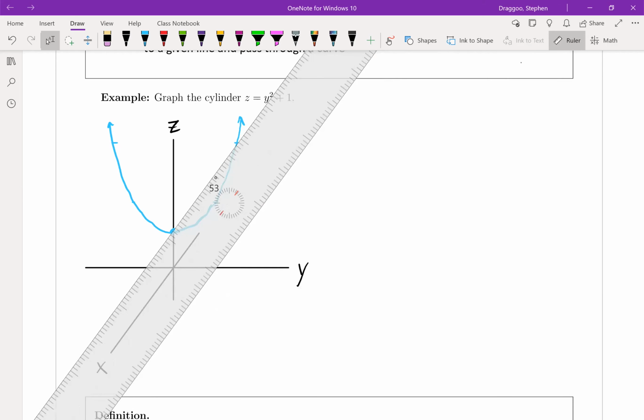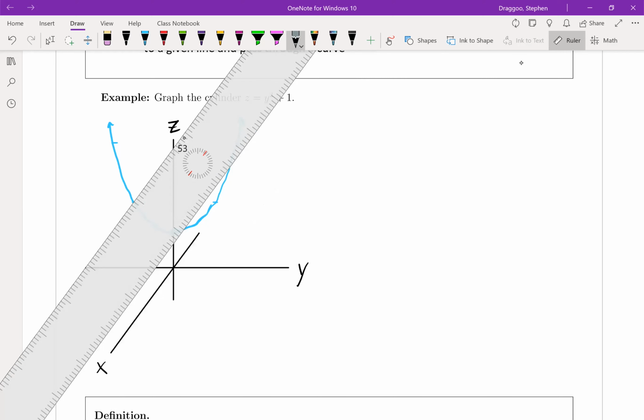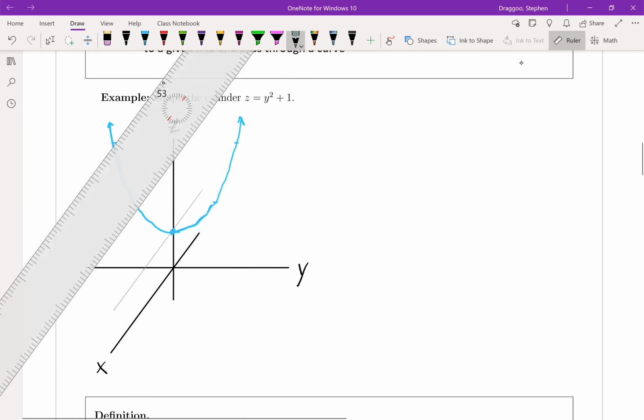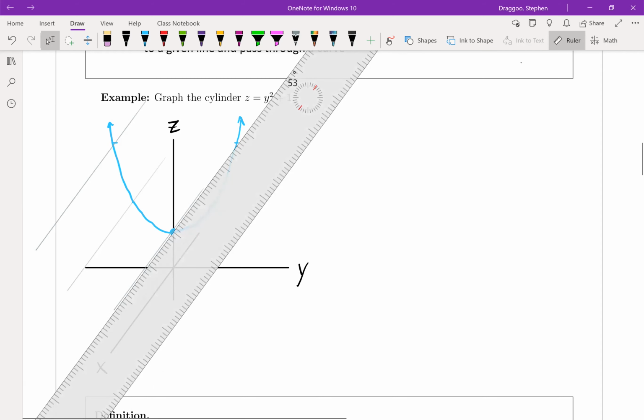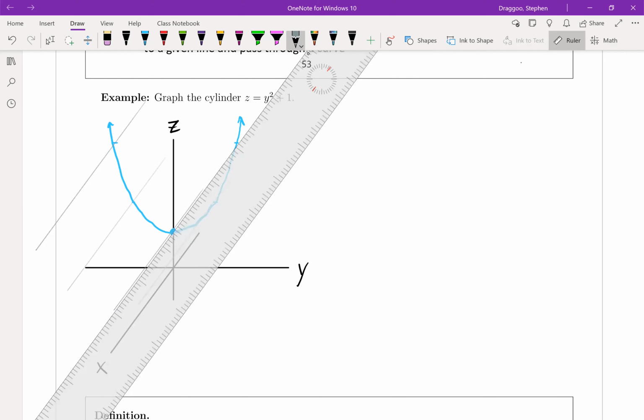So what I'm going to do is draw a few of the rulings of this shape, which are going to be all lines parallel to the x-axis. We'll just sketch a few of them in here, just a few places along this shape, using our straight edge to get those in there.